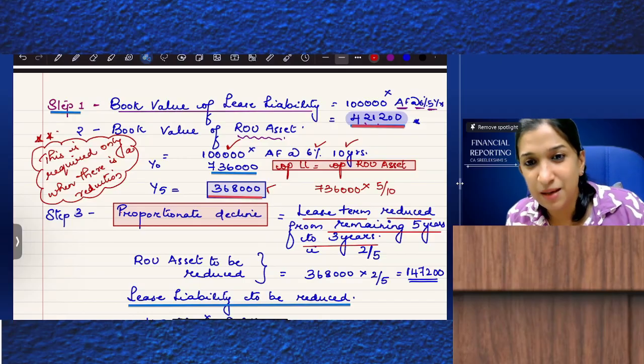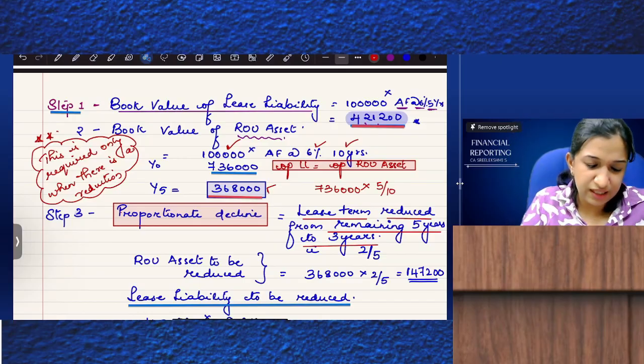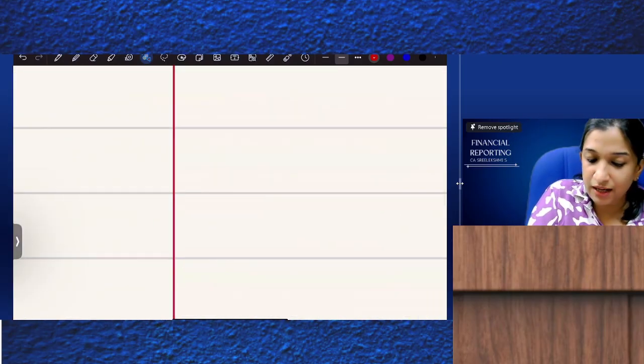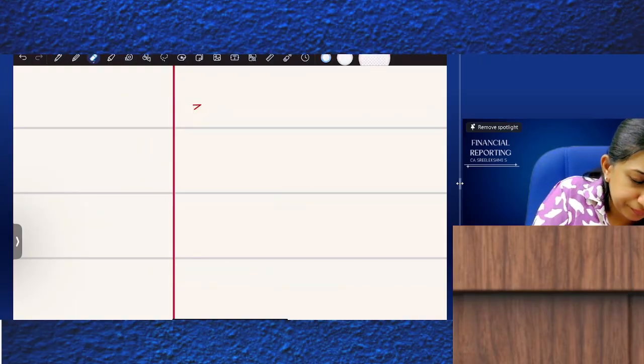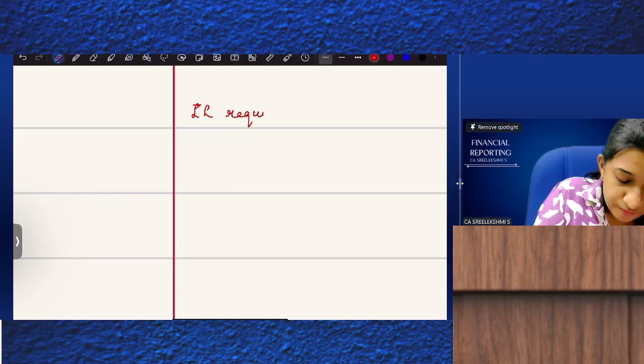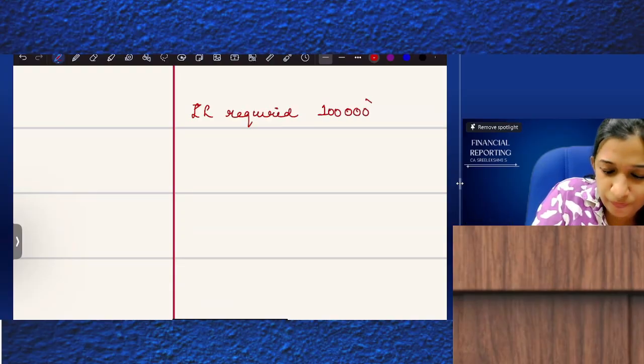So the lease liability to be reduced is, listen, this is what is done in the study material. Lease liability required is only 1 lakh into the annuity factor at 6% for 3 years.